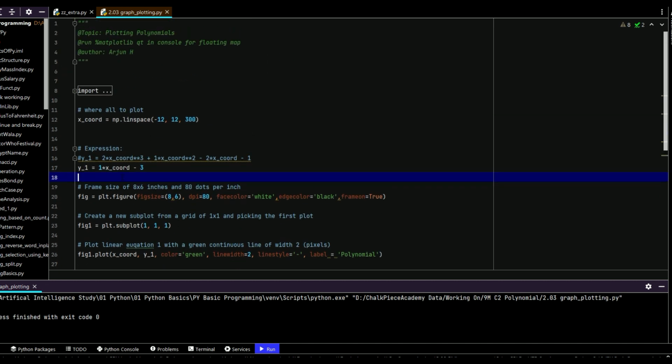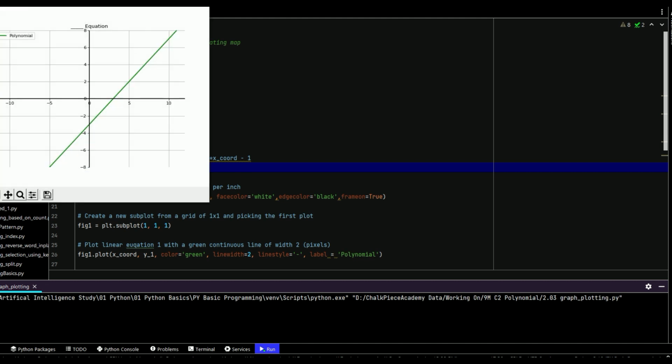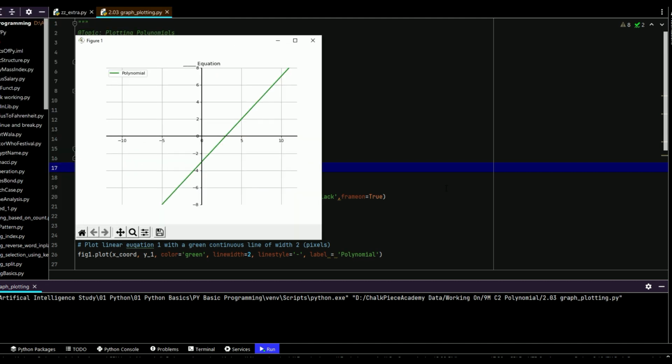You can manipulate everything, but if you want the same kind of picture, then in place of expression, we are going to type in the expression whichever we want to see the graph for. So 1x minus 3 is your actual expression. When I execute it, I get the graph. Okay, guys, as simple as that.